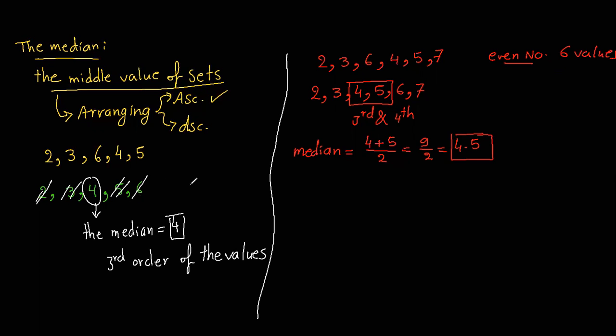And if we have an odd number of values, like these 5 values, we take the middle value between these sets. So this is the median that we studied last year.